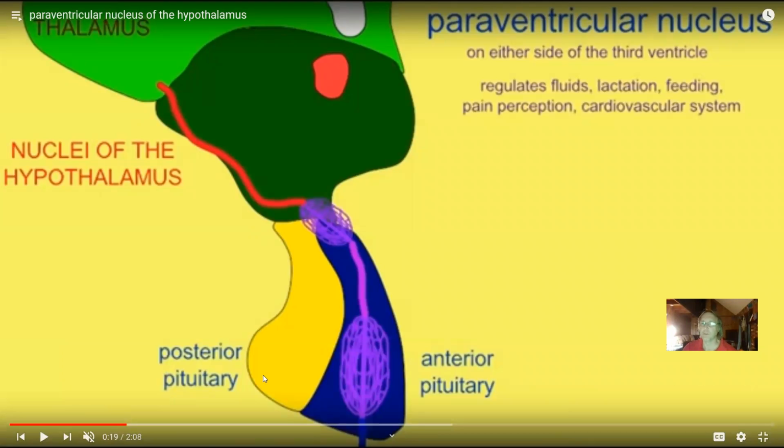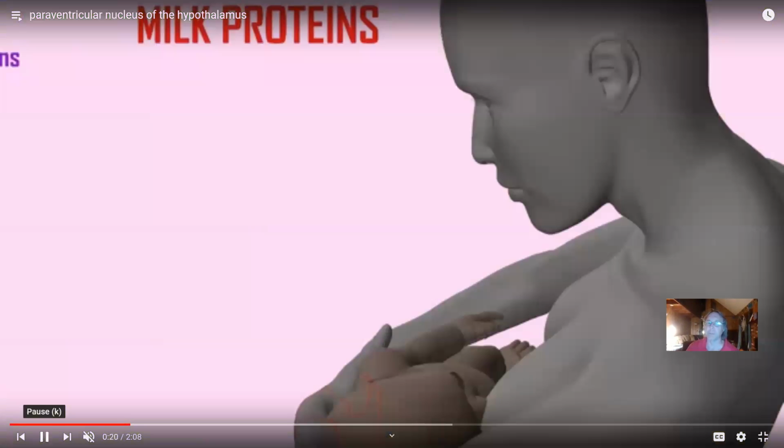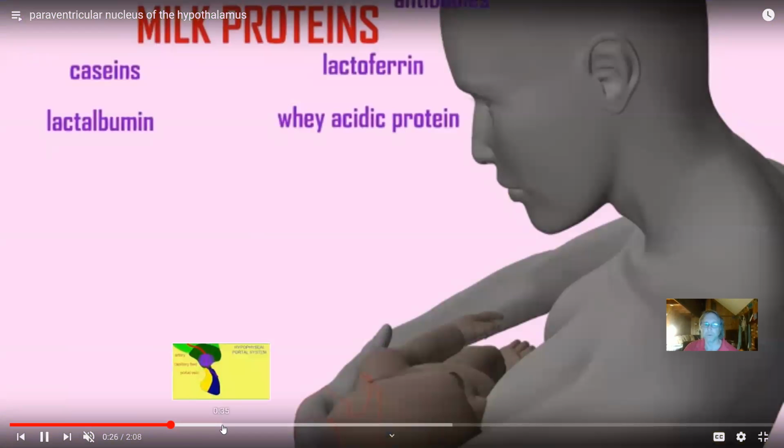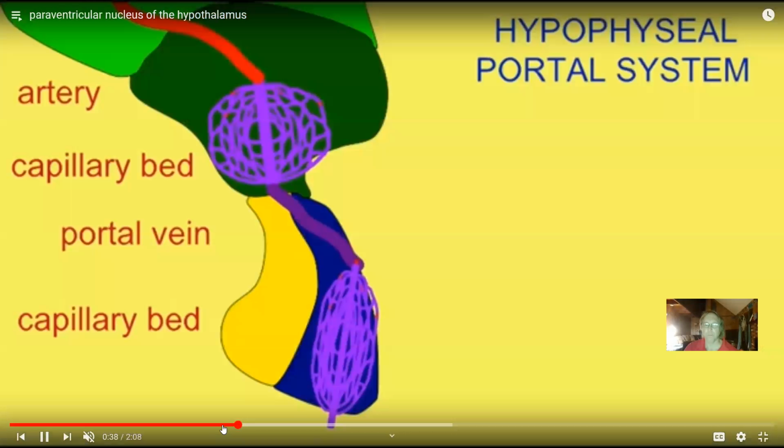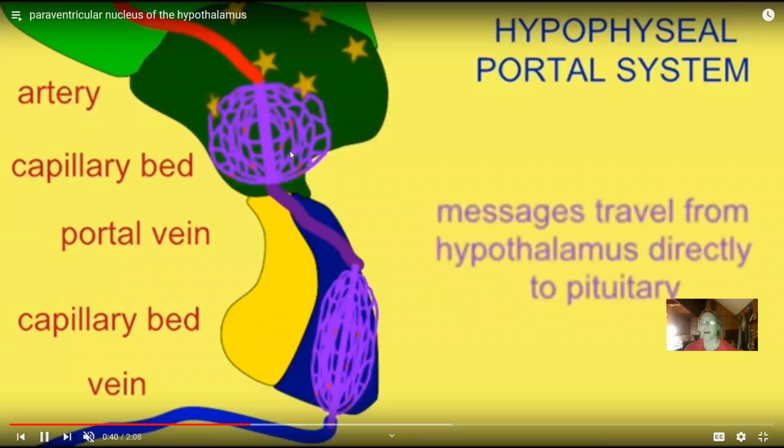The paraventricular nucleus of the hypothalamus is regulating how much fluid there is in our body, pain perception, but it's also important in lactation. As I said, the oxytocin, which is produced in the hypothalamus, is the stimulus for milk letdown.